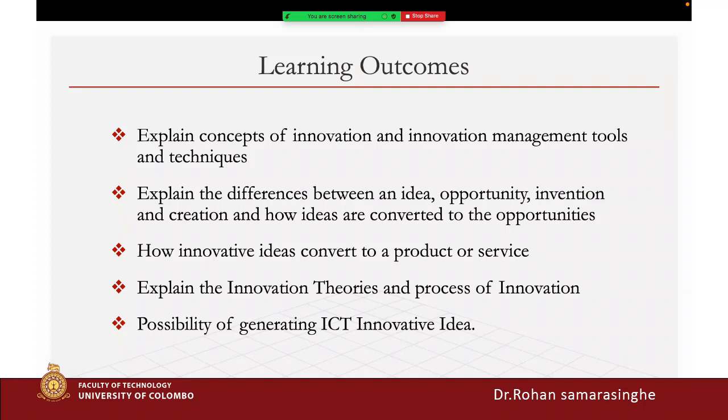Likewise, you have to analyze all these things when you decide the idea or the innovative ideas for a product or service.